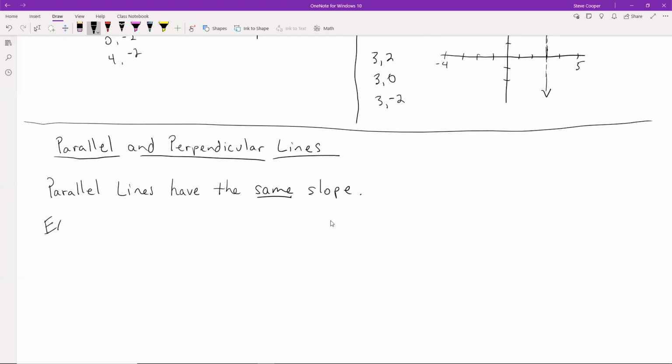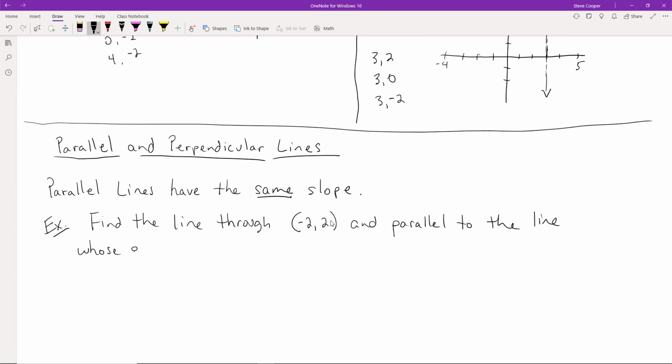And so for example, we're going to find the line through -2, 2 and parallel to 2x minus 3y minus 7 equals 0.